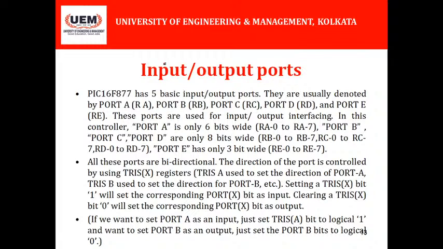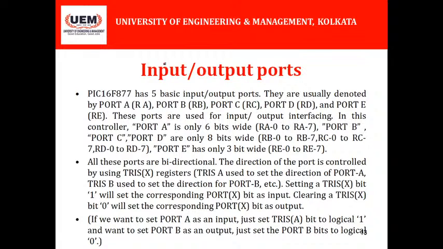If X is replaced by A, that means this register will control the direction of port A. If X is replaced by B, then port B's direction is controlled by TRIS B. Setting a TRIS X bit to 1 will set the corresponding port X bit as input. Clearing a TRIS X bit to 0 sets the corresponding port X bit as output.